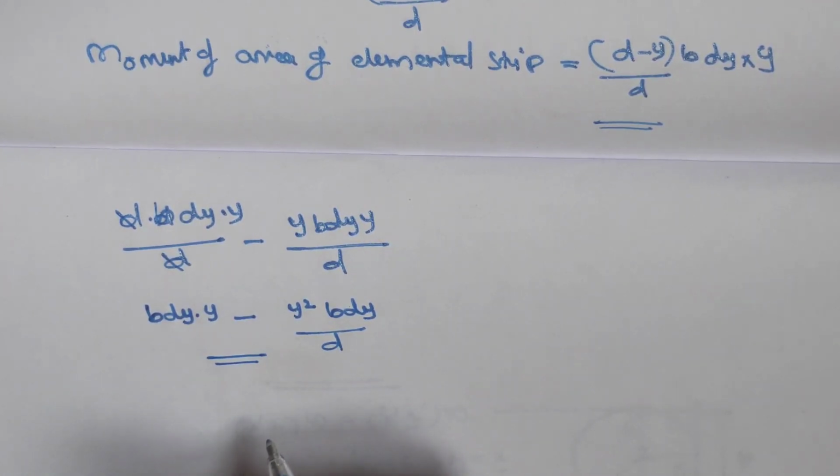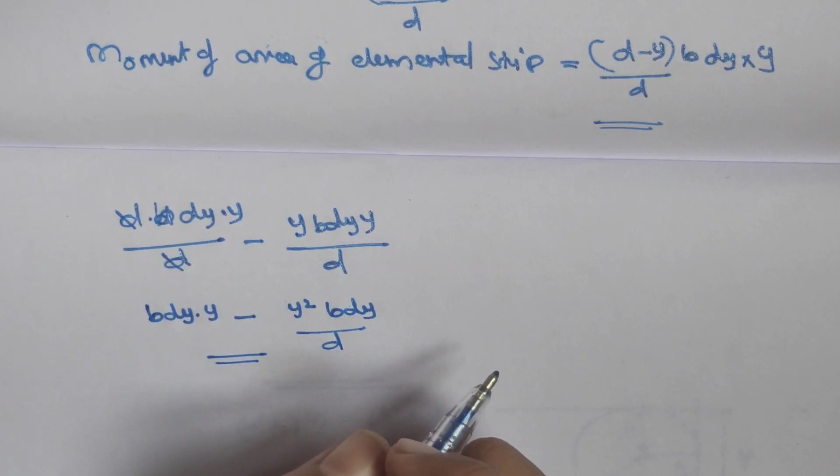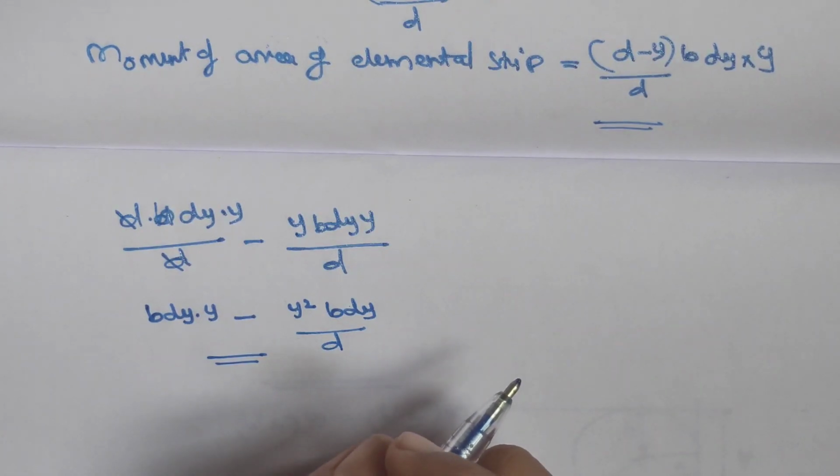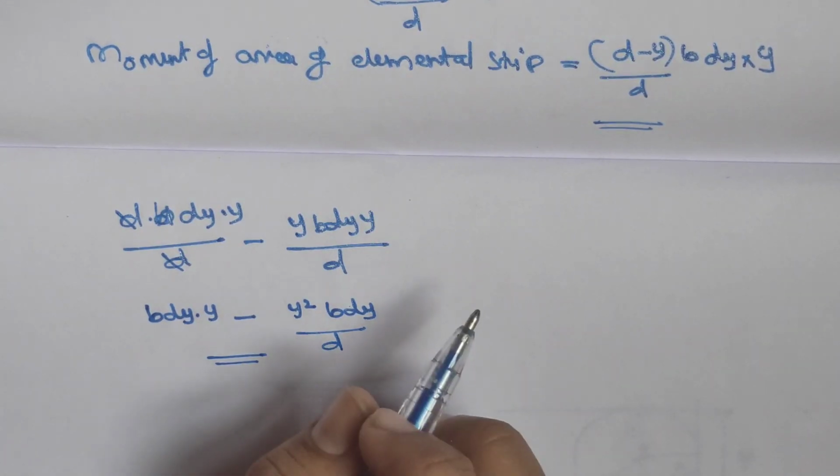Now we need to find the whole area. Now we only considered the elemental strip. If we want to consider the whole area, we have to integrate from the base to the apex.